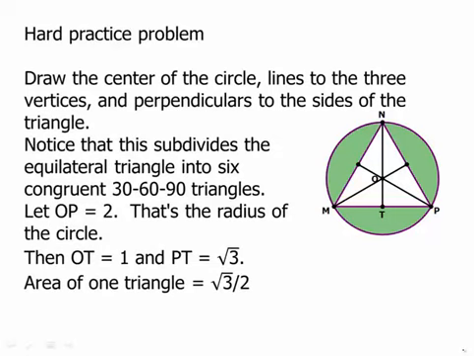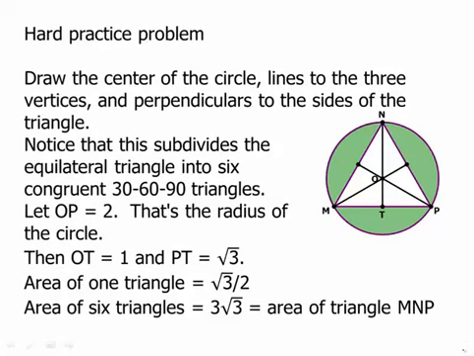That's the area of one of those little 30, 60, 90 triangles. We'll multiply that by 6 now. Multiply it by 6 and we get 3 root 3. That's the area of all 6 of those little 30, 60, 90 triangles, and that equals the area of the big equilateral triangle, MNP. So 3 root 3 is the area of that triangle. That's very important.